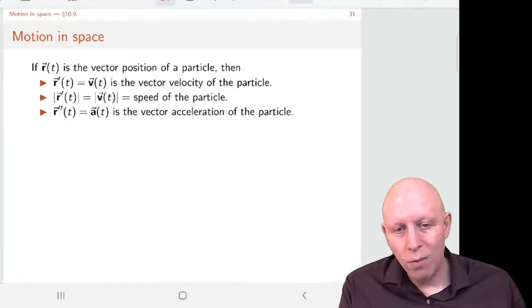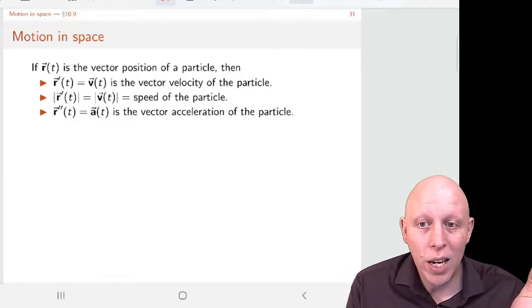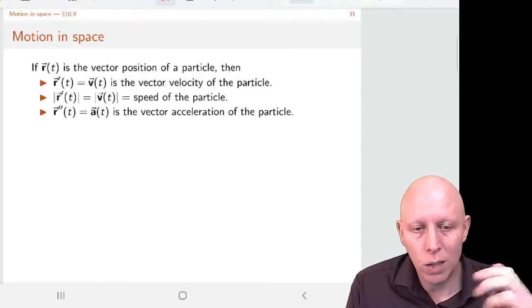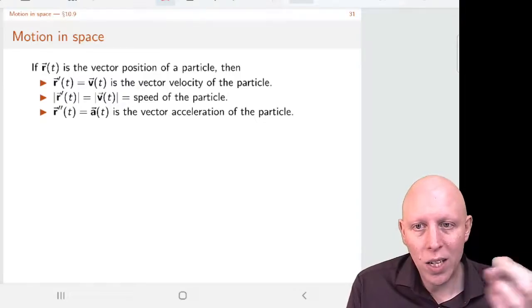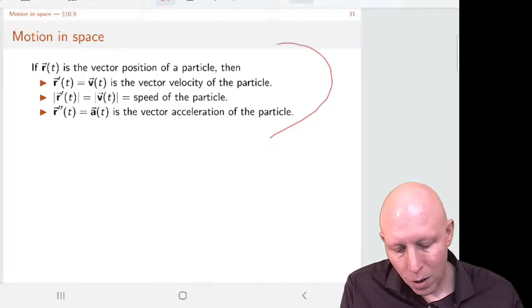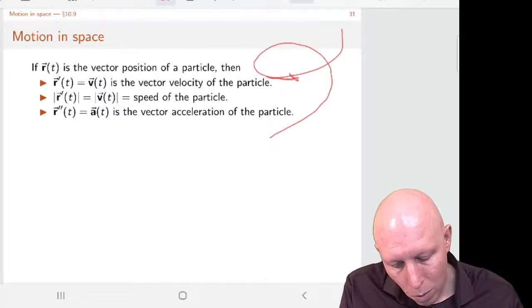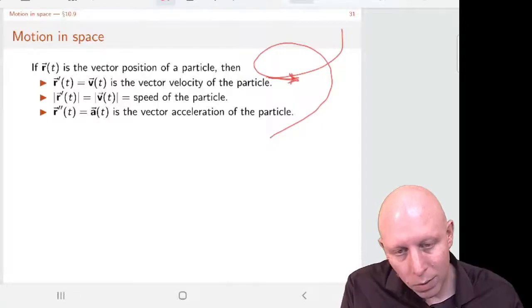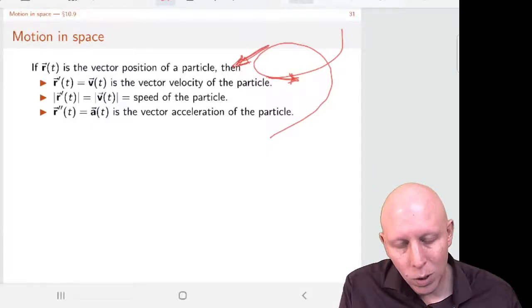But let's talk about the simplest application of this principle and the calculus, these derivatives, and that's the idea of motion in space. As we've been talking about, the derivative of your vector function is basically telling you the direction in which you're going at that point.